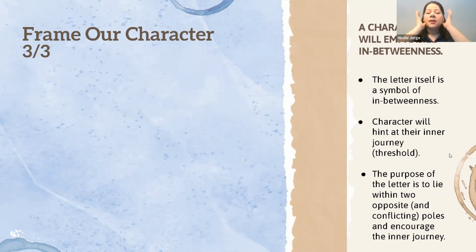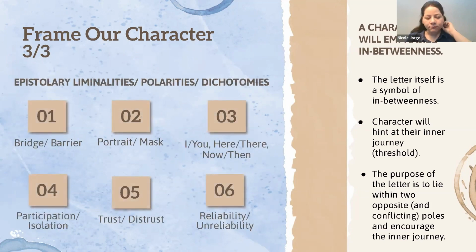And then finally, the purpose of the letter is to lie within two opposite and conflicting poles and encourage the inner journey. And while I was reading, there are these epistolary liminalities or dichotomies or polarities that I'll share now, that allow us to frame how we want to include or embed the letter in our story.